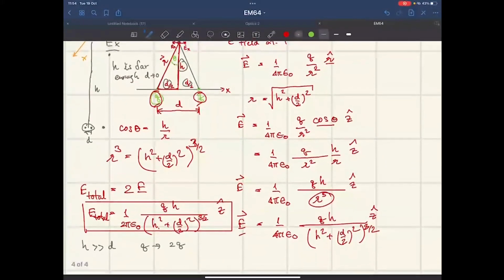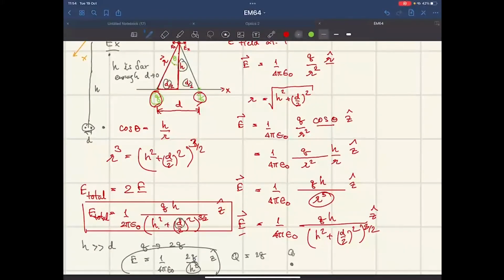The E field here becomes 1 over 4 pi epsilon naught, 2Q divided by H squared. D is so small compared to H that it doesn't affect anything. So this just behaves like a point charge with Q equal to 2Q.